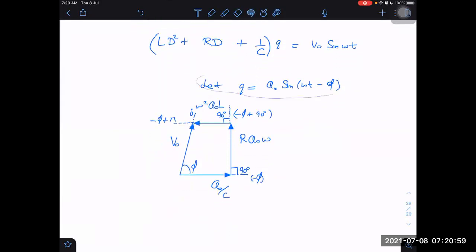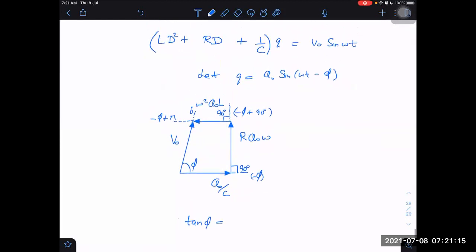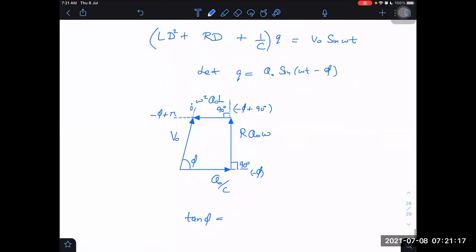Right. What will be the tan phi value? Tan phi will be this divided by this.